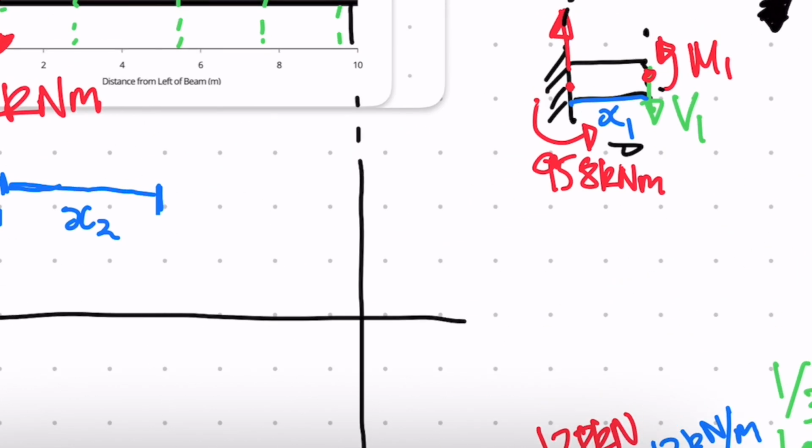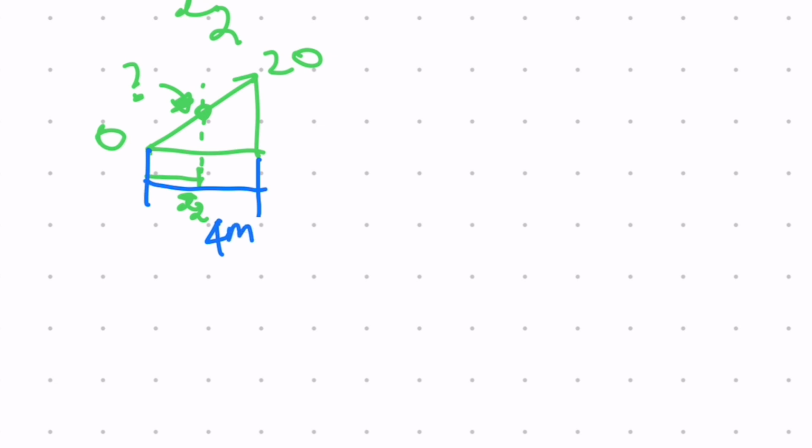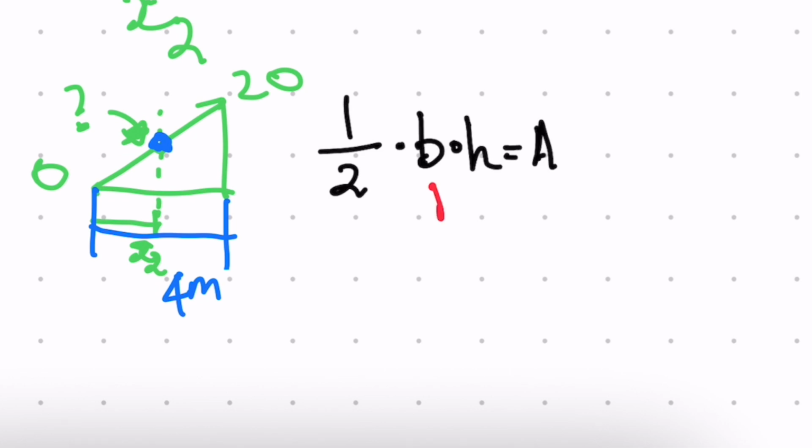If we look at our beam, our total distance from here to here is 4 meters, so the triangle will be 4 meters long. We want to find this point, and we also know the area of this triangle is half the base times the height. We can plug in X2 for the base, but the height, we don't know. So here, this is our height.